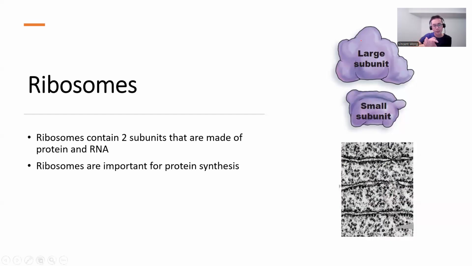They only come together when they are making proteins. Right? So remember, some of the ribosomes are free floating. Others are attached to the ER. The ribosomes themselves are made up of protein and RNA. So ribosome makes protein, but it itself is also made up of proteins and RNA.